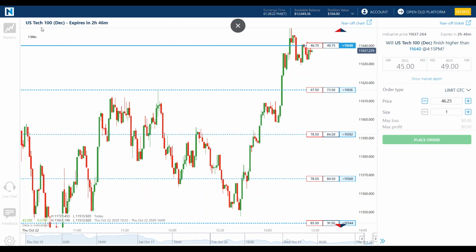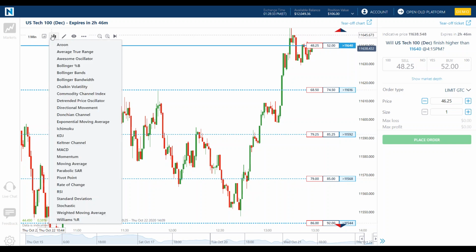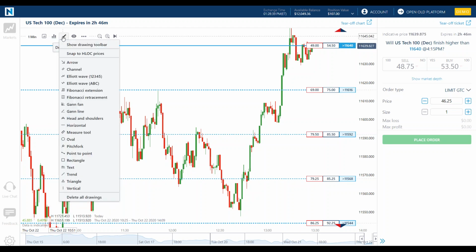This is the NASDAQ, and on our charts in the upper left-hand corner, you can customize the date you want for your chart. You can set the time frame, and we have technical analysis indicators. I think the one you saw was a drawing tool.